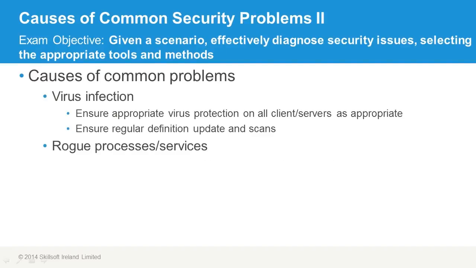Now, when it comes to virus infection, as mentioned earlier, you just need to make sure that the appropriate protection is there and that it is regularly updating and performing the scans. But when it does come to viruses, if you have been infected, again, a lot of them, the first thing they'll do is try to shut the antivirus down. So if you find that you can't restart it and maybe you've tried several times, it just simply won't start or it won't update, that's usually one of the good signs that you have been infected.